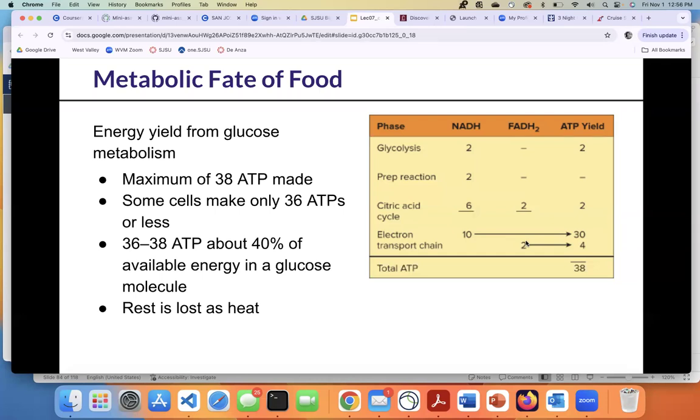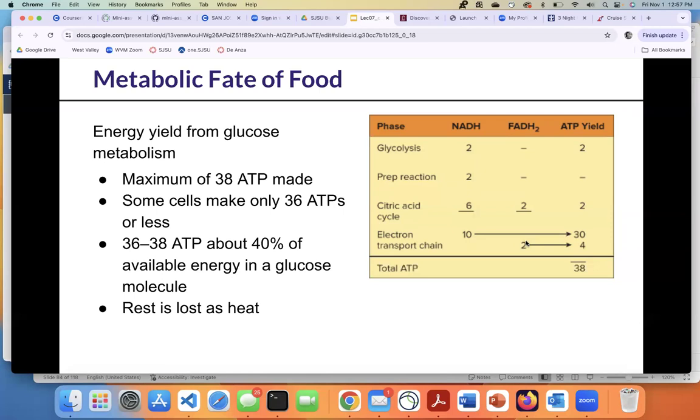And this ATP that we make from glucose accounts for almost half of the energy that we are able to get from a glucose molecule. So where do you guys think the rest of that energy goes? Let me ask you first. If it's able to harness 40% of the energy into making ATP, where does the rest of the energy go?